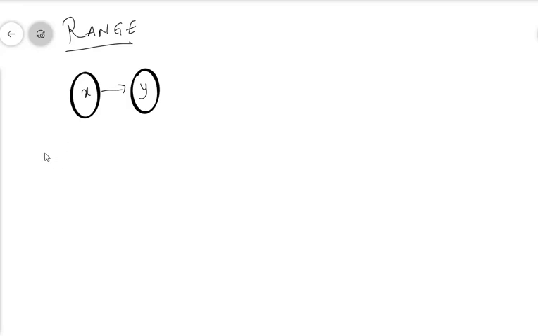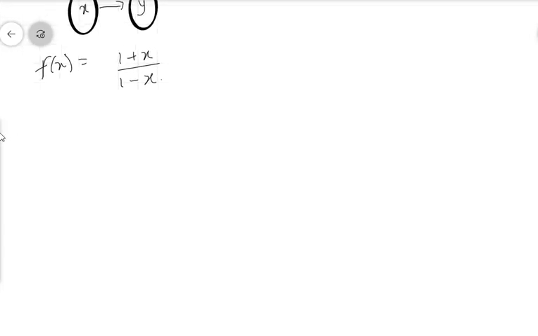So assuming you've got a function f of x equal to 1 plus x over 1 minus x. To find the range, first we set the function to y. So I can say let y be equal to f of x. If y is equal to f of x, then I can write this as y is equal to 1 plus x over 1 minus x.